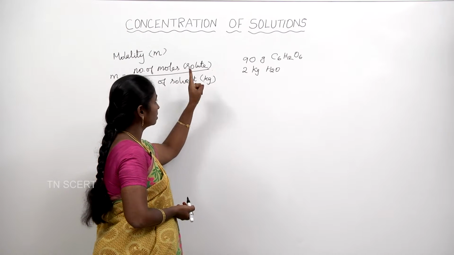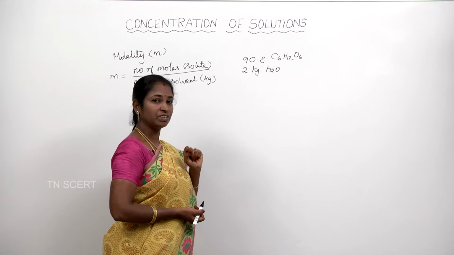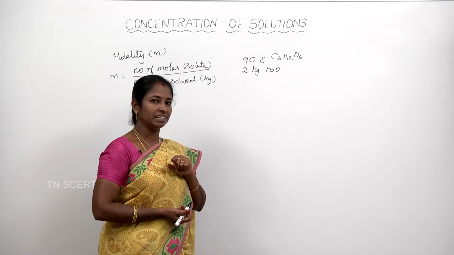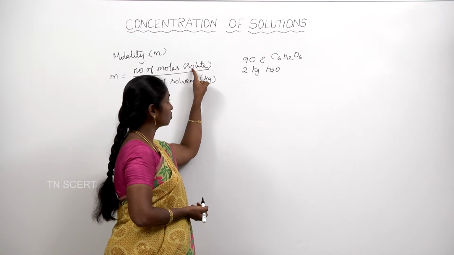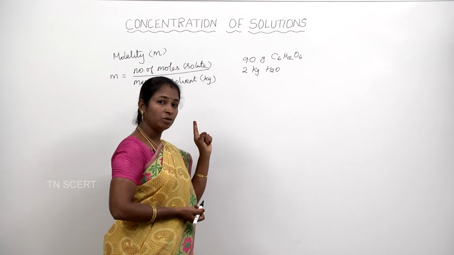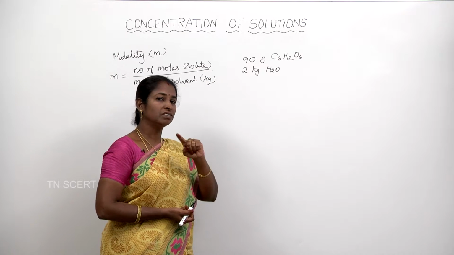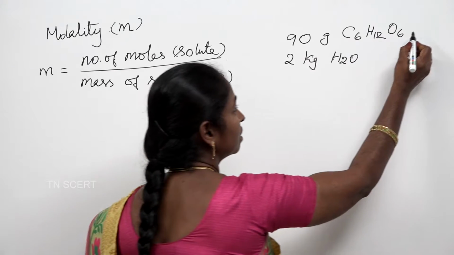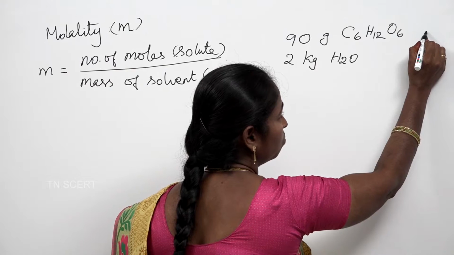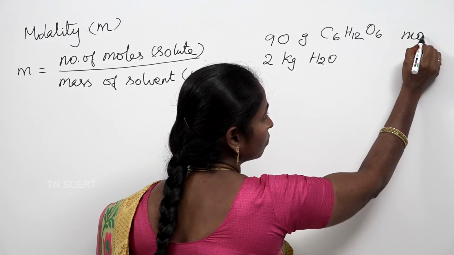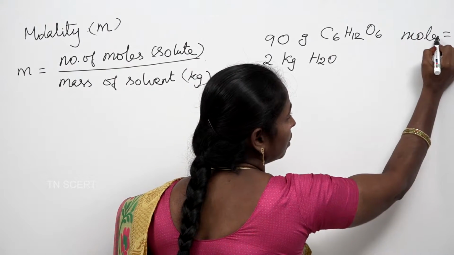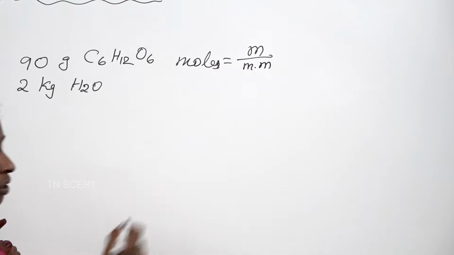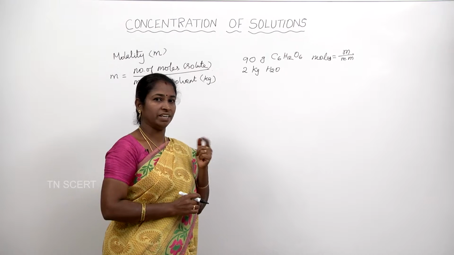Actually, number of moles of solute should be calculated first. How to calculate number of moles of solute? You know it already. If the mass of the solute is divided by molar mass of the solute, it will give you what? Yes, it is number of moles. So, number of moles equal to mass by molar mass. You know what is molar mass already you studied.